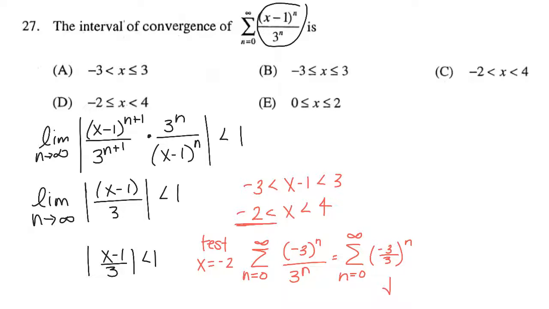And from this, we see that this should diverge, so that endpoint would not be included. So my answer choice for 27 is C.